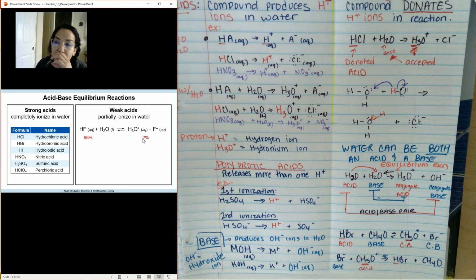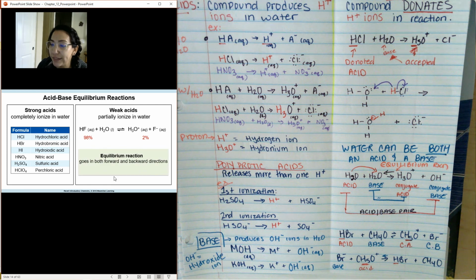Well, that has to do with fluorine being the most electronegative element, and it wants to keep its hydrogen with it, wants to keep it connected together. So in a weak acid, you're going to have more of your reactant, less of your product.